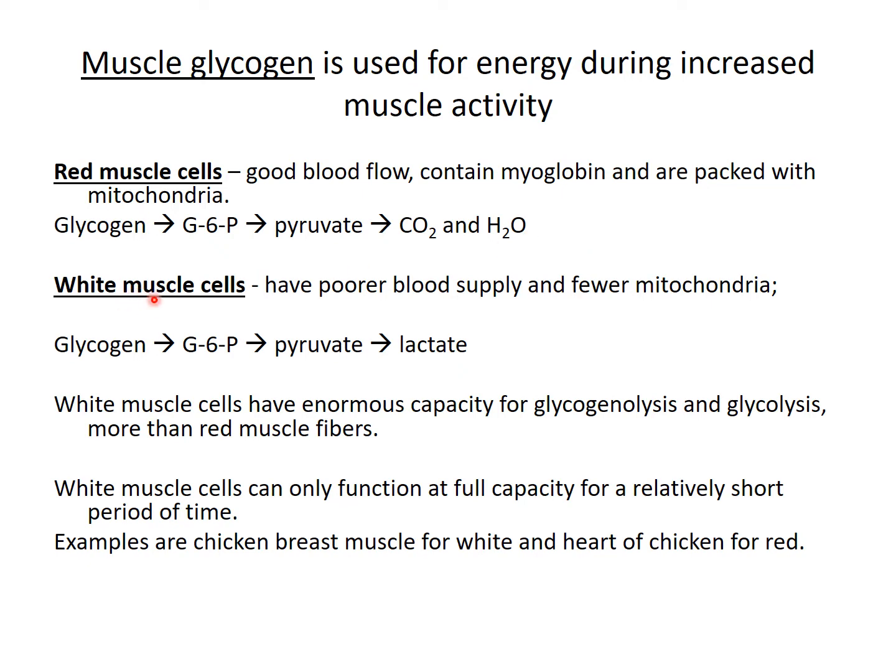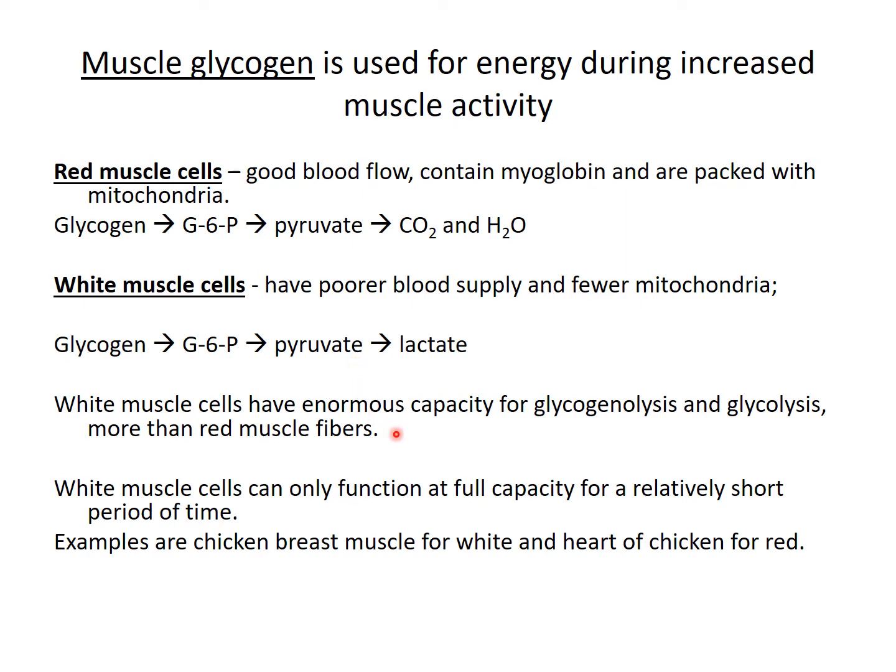On the contrary, white muscle cells that have poor blood supply and very few, if any, mitochondria, do anaerobic glycolysis, which means that from one glucose molecule coming from glycogen, only 2 ATPs can be produced. So white muscle cells usually store away much more glycogen than red muscle cells do to have enough quick energy available to support the working of the white muscle cells.